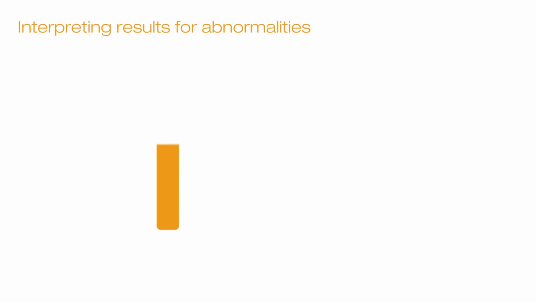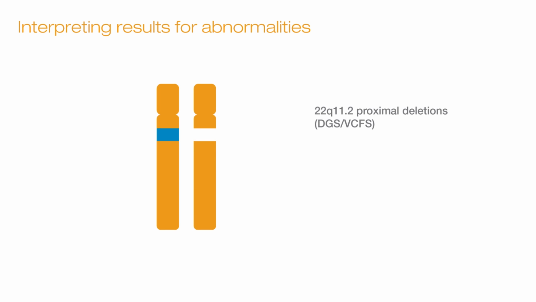As we've mentioned, the 22q deletion is one that is a relatively low risk in the general population. It's further confounded by the fact that 85% of individuals that have the deletion have a typical 3 megabase deletion that would be detectable by NIPT.